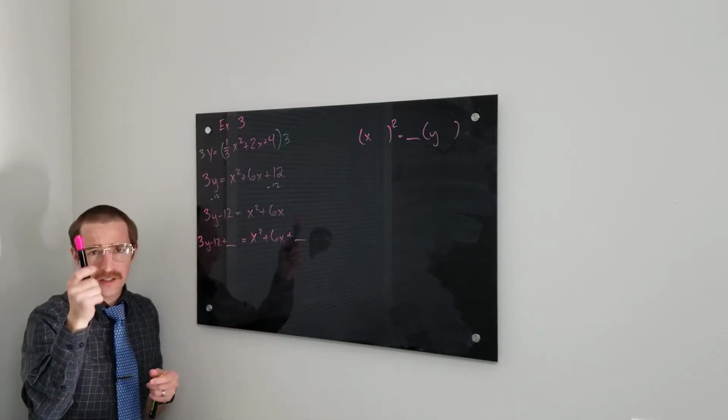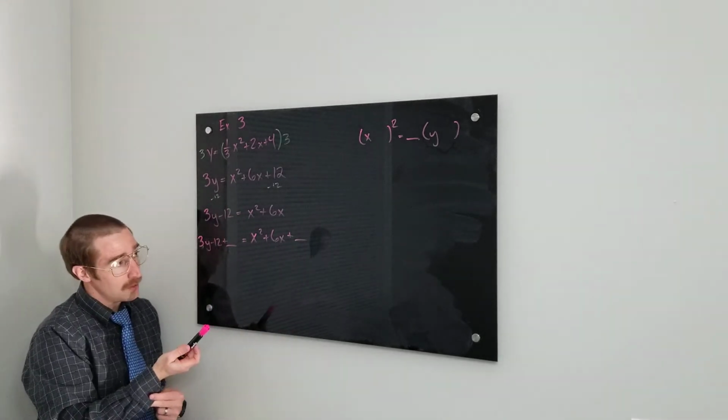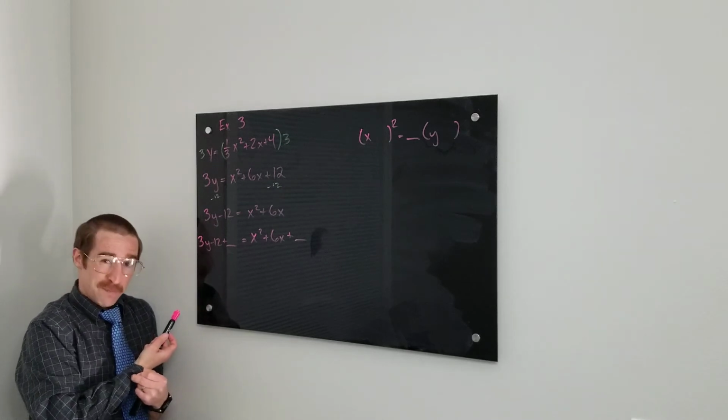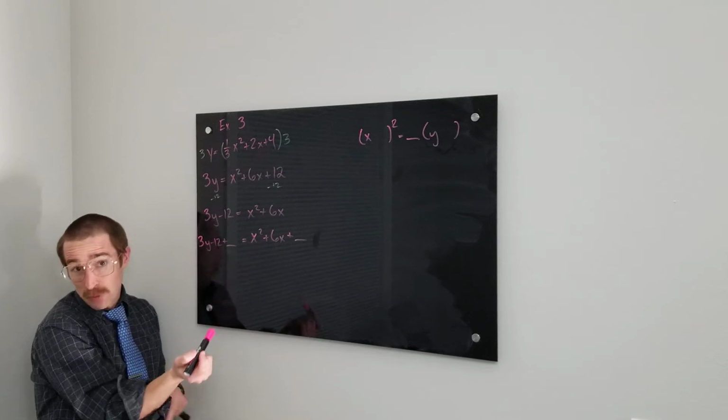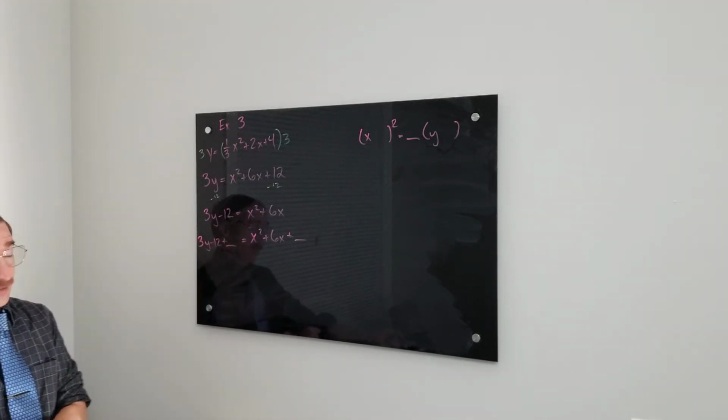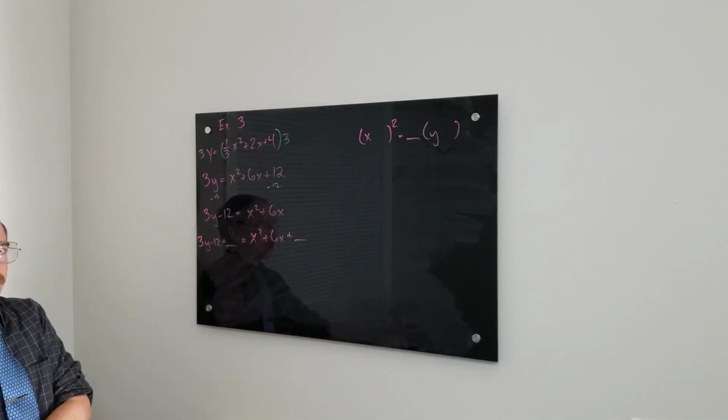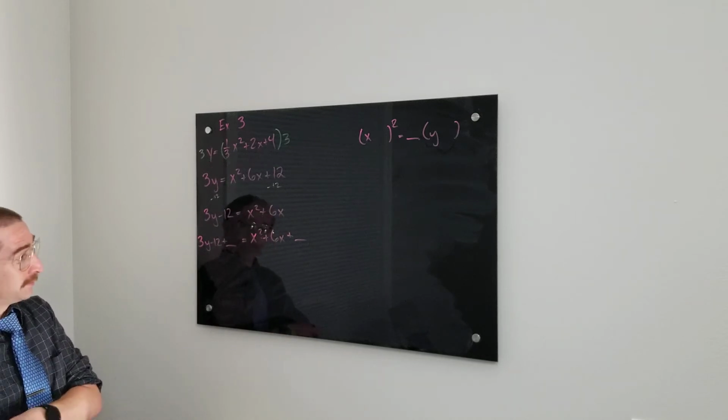It's still finding that special number that completes the square, but we add it to both sides of the equal sign, keeping the equation equal.